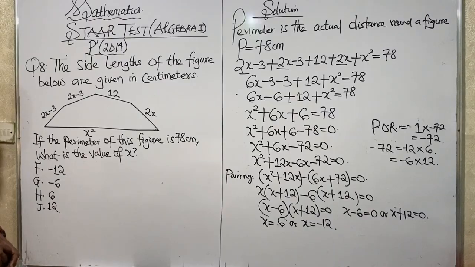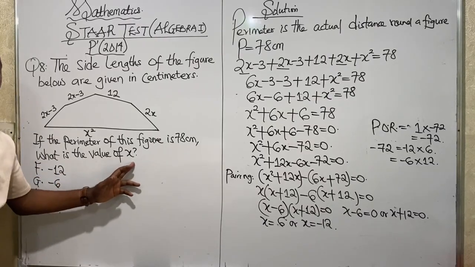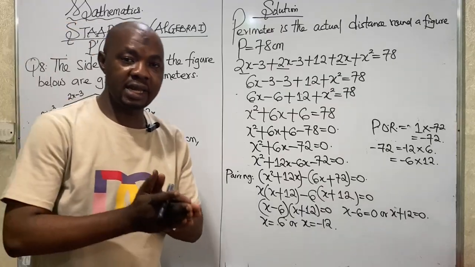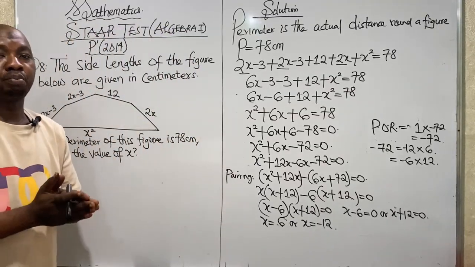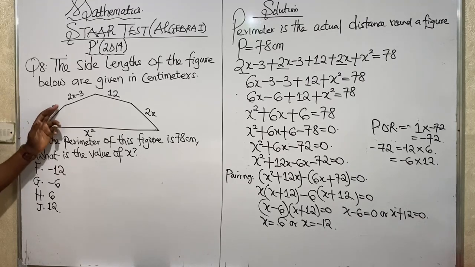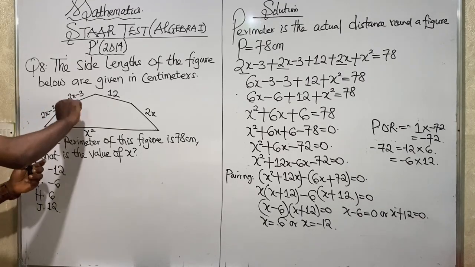Now which one of these values is the answer? The question is, what is the value of x? The value of x will not be negative, it will always be positive, because we want to know the side length.